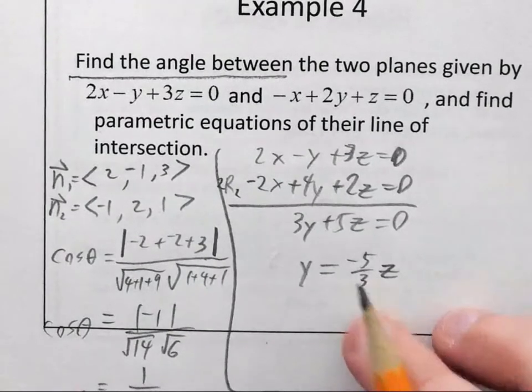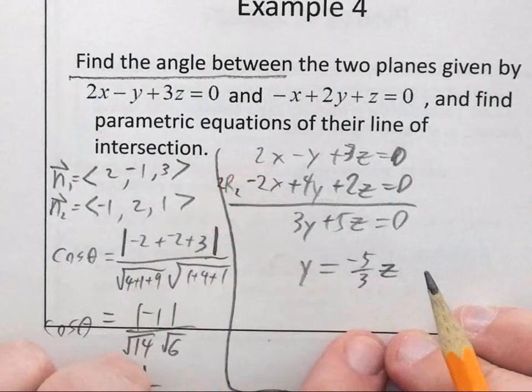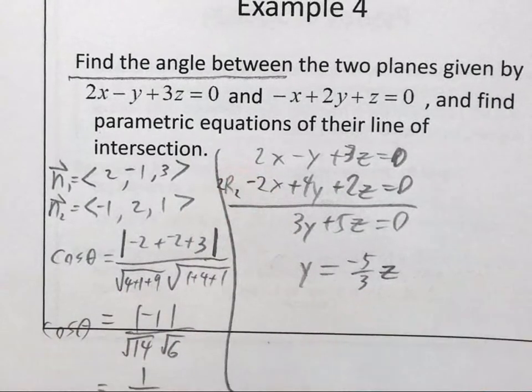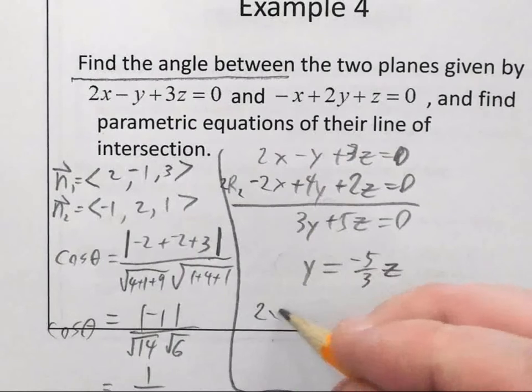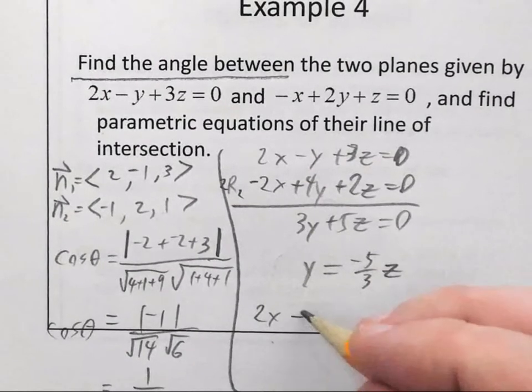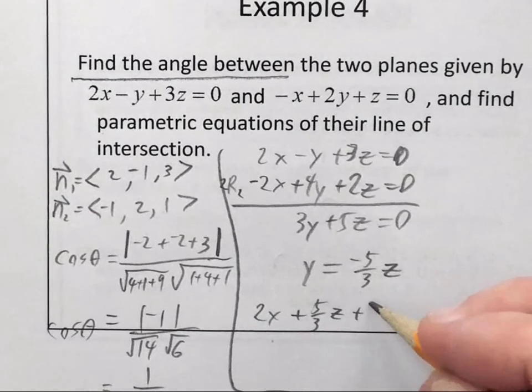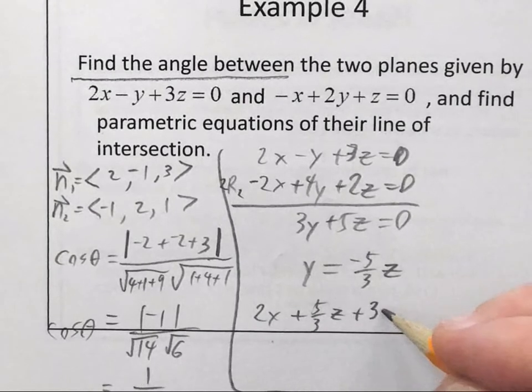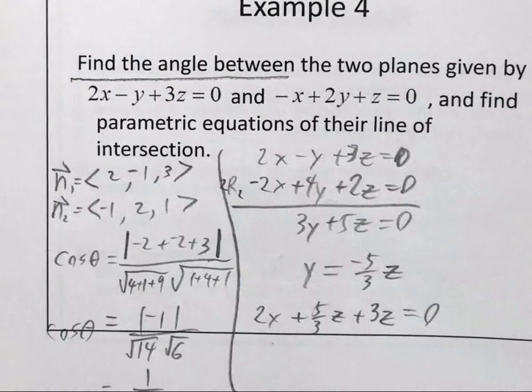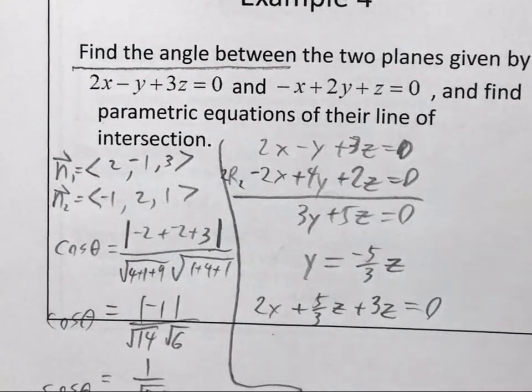So then the idea is I'm going to use this to get x also in terms of z. So if I plug this back in up here, I have 2x minus this negative 5/3 z is going to turn into plus, and then plus 3 times z. Simplify that out a little bit.